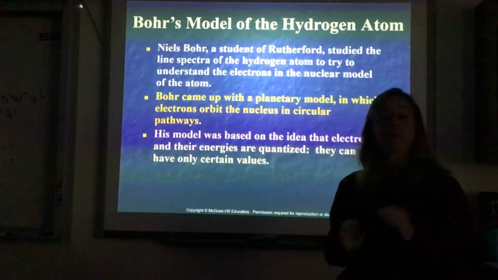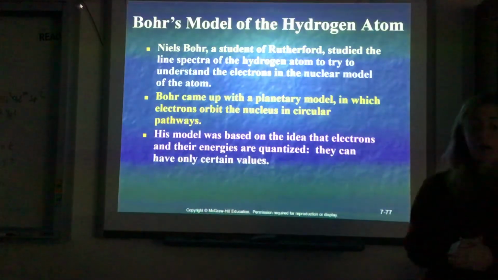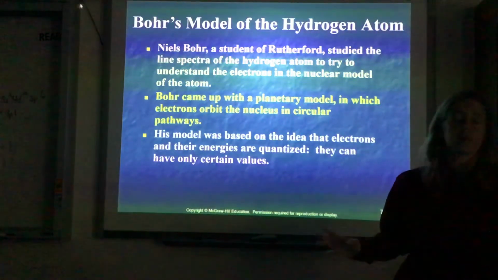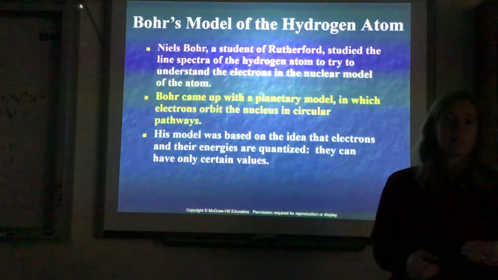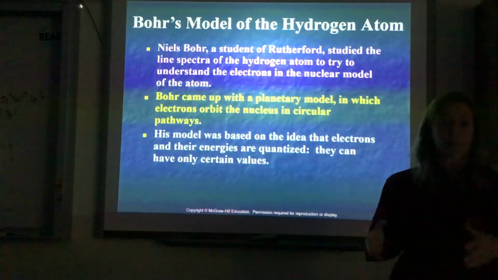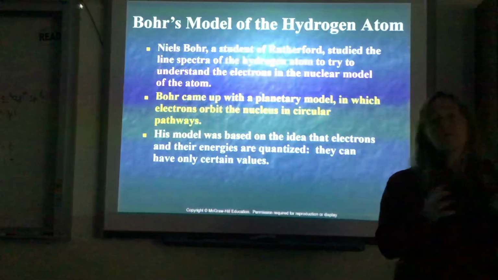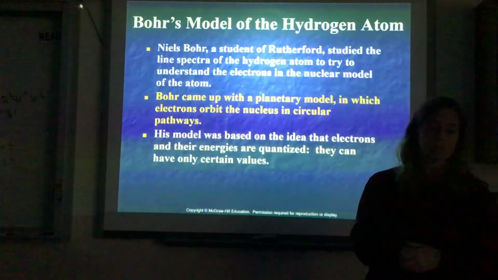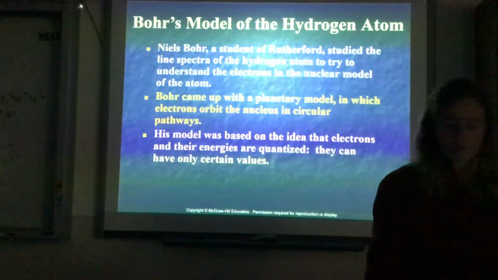Bohr came up with a planetary model, which we know about, in which electrons orbit in circular paths. Now, we all know that that's not the way it is nowadays, but his idea was right for the hydrogen atom. But then when we started looking at other atoms, there were some more things that needed to be considered. So they had to revise his model, okay?